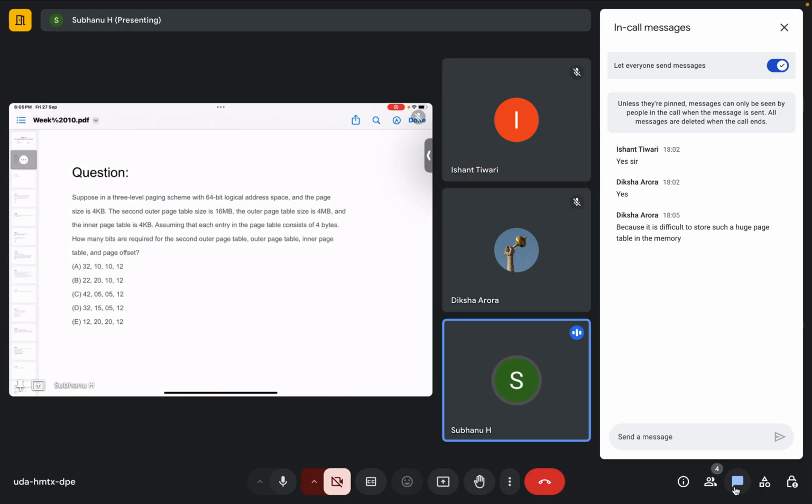Yes, that's fine. That's why you need the page table. But why is there a need of multi-level paging? Multi-level paging can solve this problem.